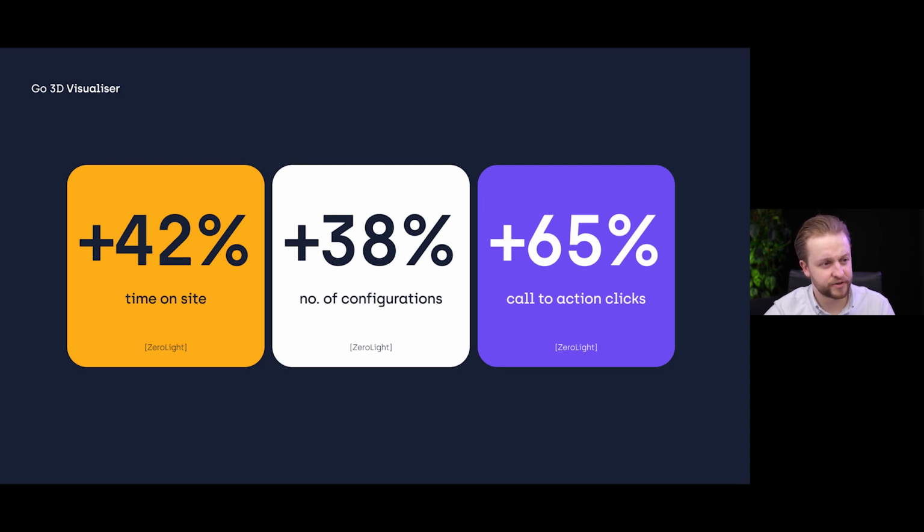And we see this from evidence from our portfolio of global OEMs, where the average engagement lifts for similar 3D experiences include things like a 42% uplift in terms of time on site spent understanding your brand and your products, a 38% increase in the number of configurations as the consumer continues to explore the product features, and a massive 65% increase in onward call to action clicks, taking that traffic towards your key reservation.